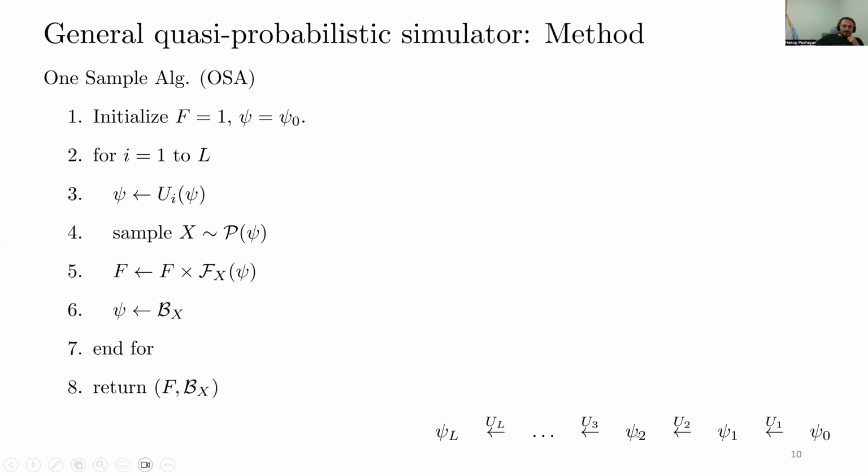Obviously, keeping track of these states as we go along, they get more and more complicated because we're just adding more and more unitaries to them. And it's hard to keep track of them in a useful way, beyond just the gate sequence description of that state.